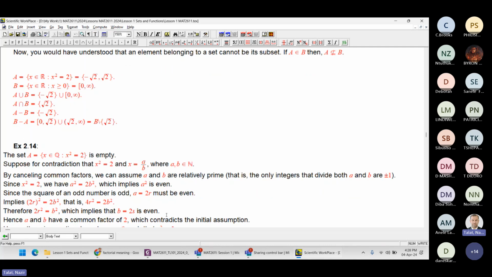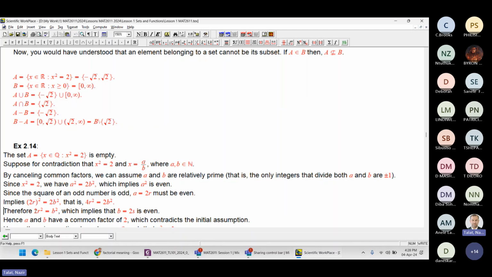Now, this implies if a is equal to 2r, one can put this in the equation a square equal to 2b square. After taking the square, we get 4 times r square equal to 2b square. Now, by cancellation of the 2 from both sides, it becomes 2r square equal to b square, which means b square is an even number.